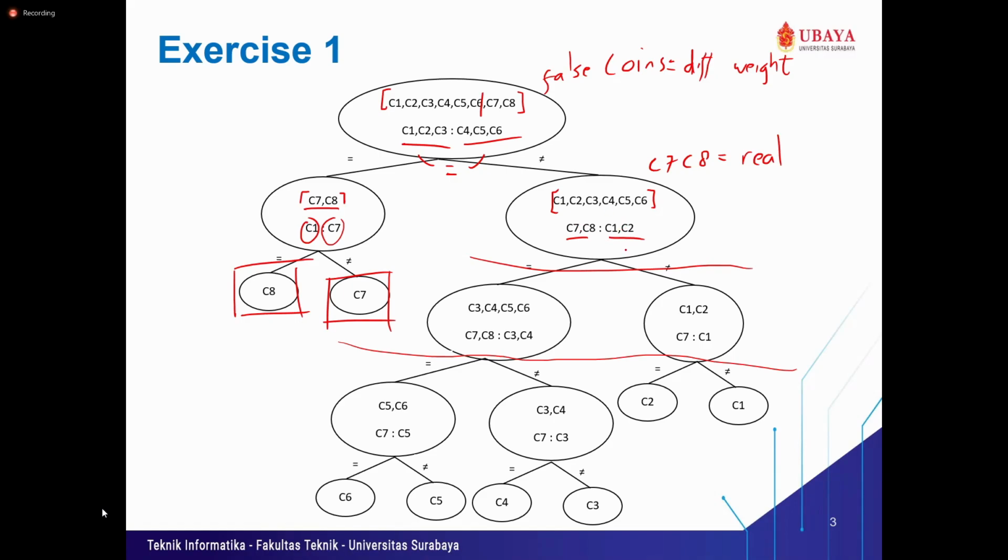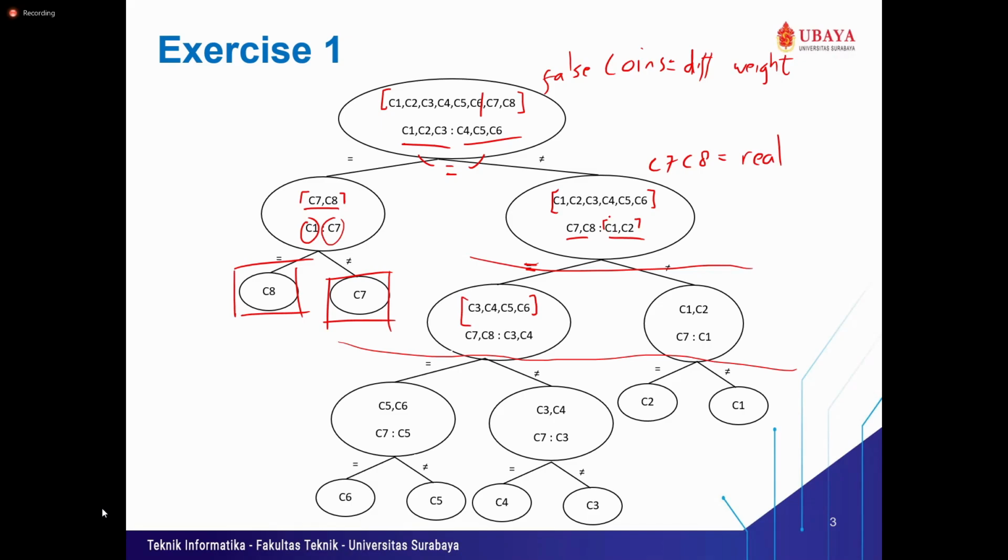Here we went with C1 and C2. If it's equal, then 1 and 2 are also real coins, and the list of suspects is narrowed down to 3 to 6.